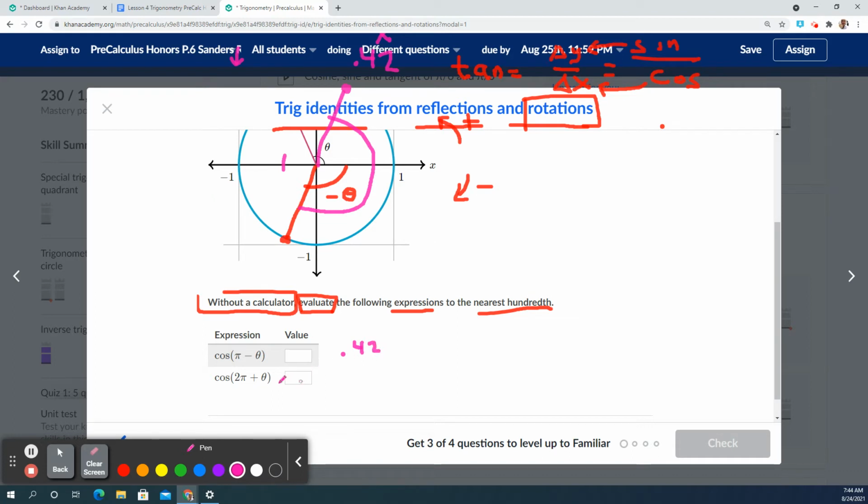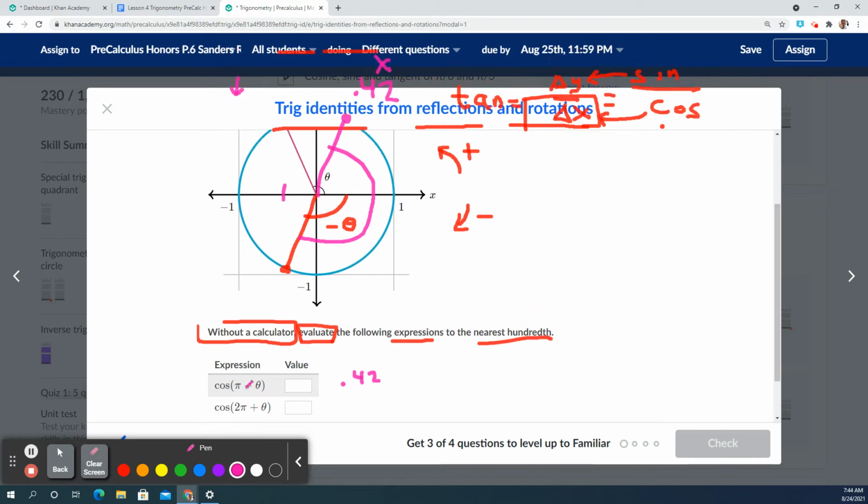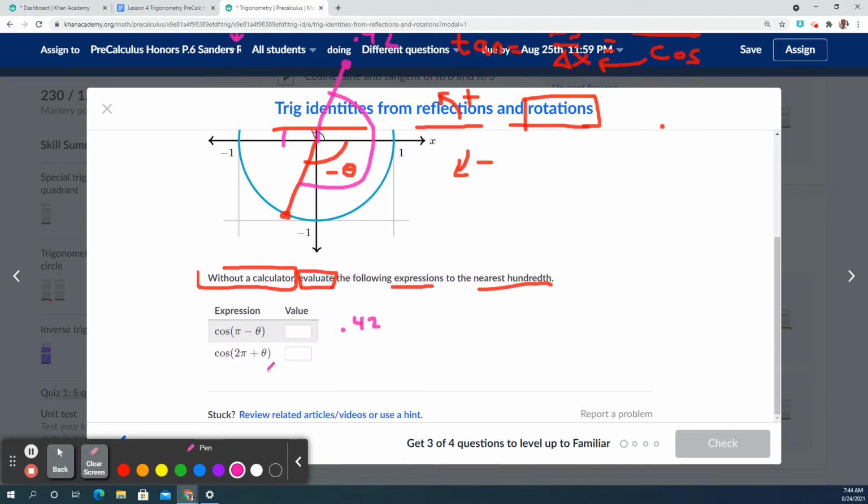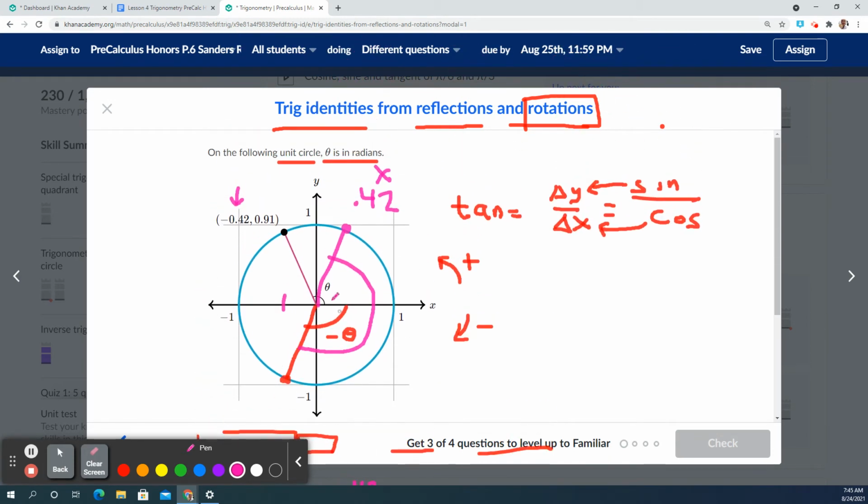Let's do the next one. Oh, this one's the easy one. So this is theta plus 2 pi. We have our theta, we have that one already, and then we're adding 2 pi. What would that look like? Well, we're going in the positive direction.